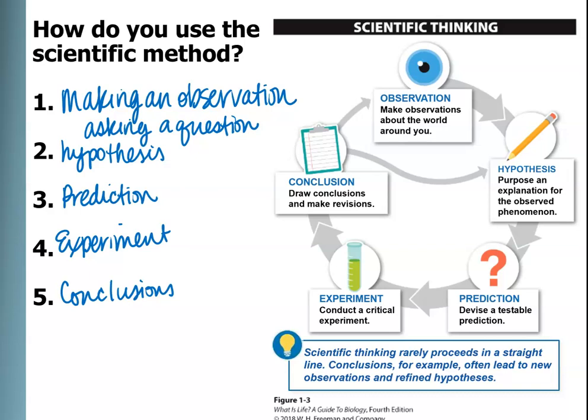Did it happen the way you thought it would? Those are sort of the big, broad steps of the scientific method. So we're going to go through each of them, some in greater detail than others because some of them need more detail than others. But we're going to learn how this important process gives us data based on actual observation.